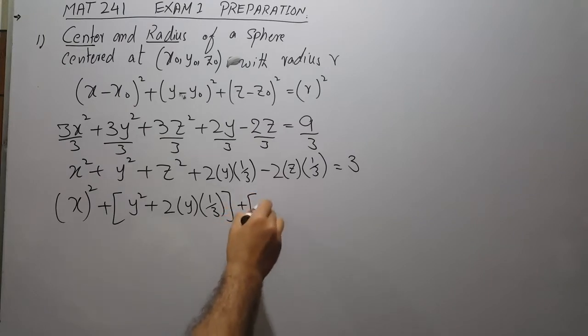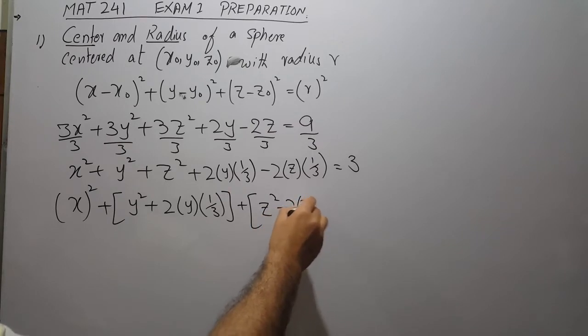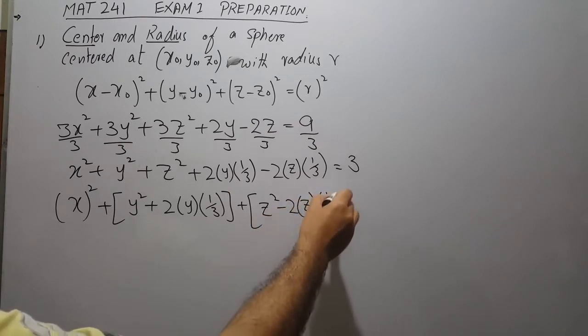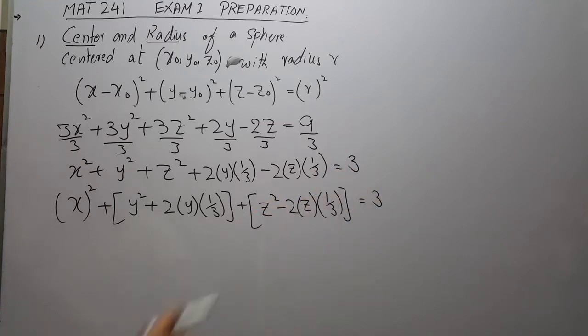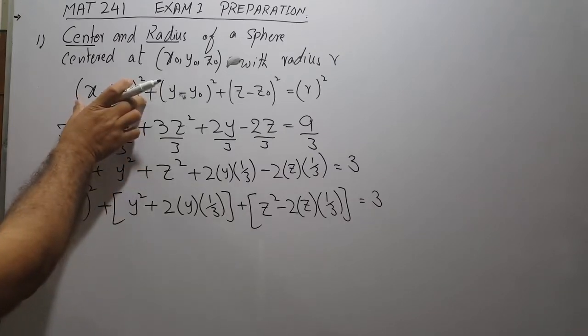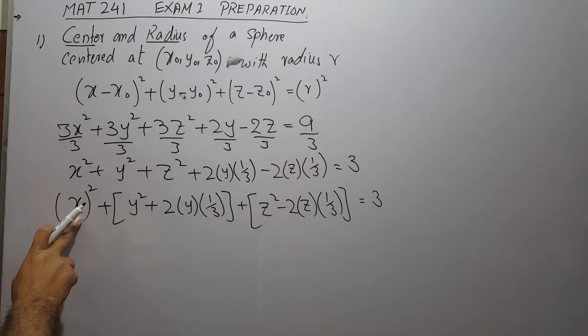And then we have one more term, z square minus 2 times z and 1 over 3. This is not a square either. So x is completely a square, and there is no x naught here, so it means x naught is 0.